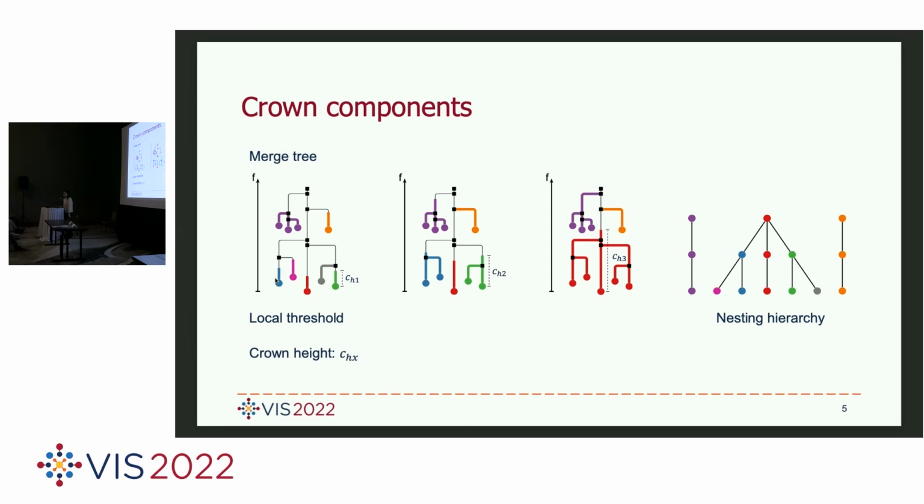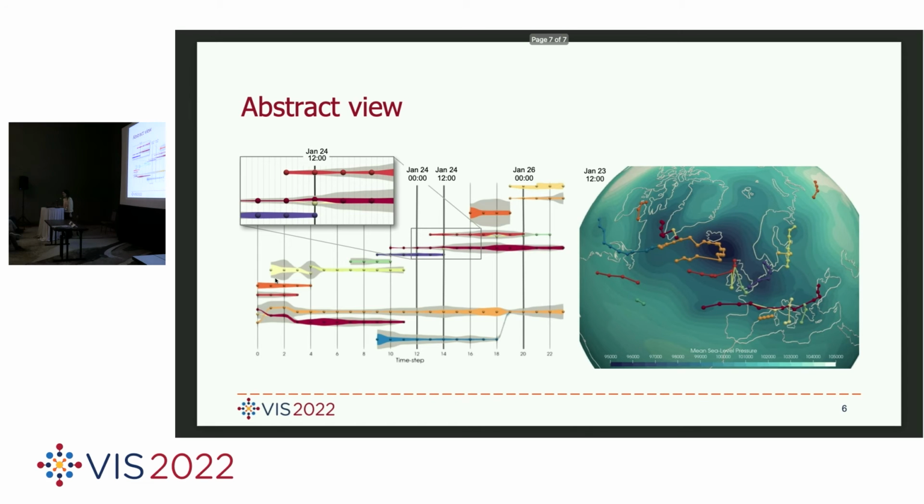This gives a flexible feature characterization for the scientists. So if you go back to the visualization, you can now explore these hierarchical features in the abstract tracking graph, and the scientists can determine whether the groupings seem reasonable, and they can also explore them in the spatial embedding.